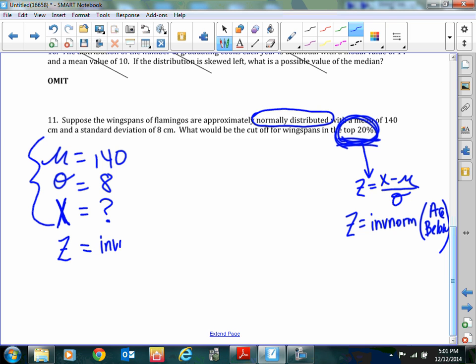So in order to get this z-score, you need to do inverse norm of the area below. That will give you your z-score so that you can finish out the problem. I'll just give you the answer on that one so you can check and see if you got that correctly.